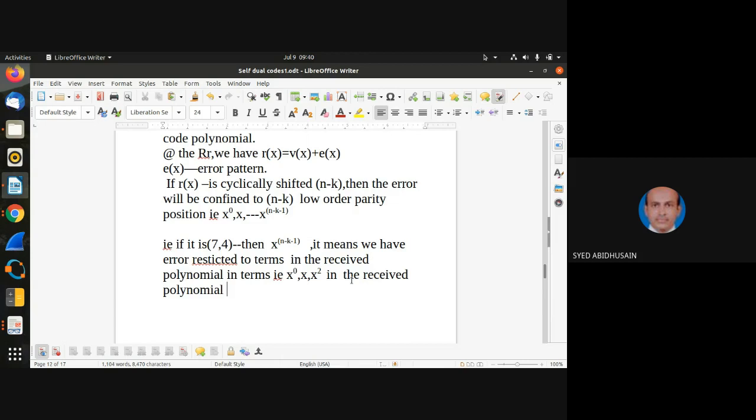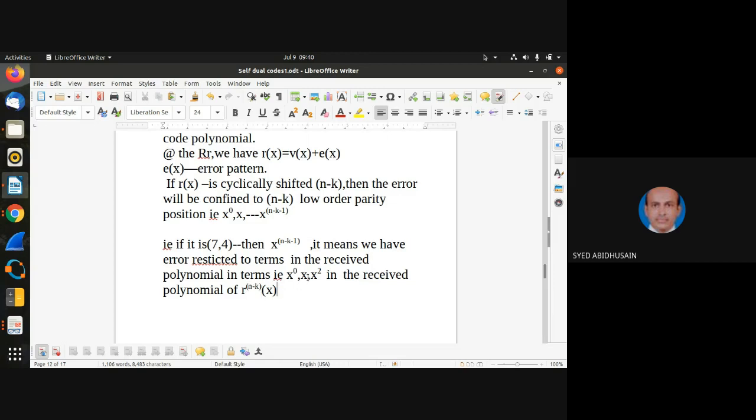The received polynomial R raised to n minus k of x.